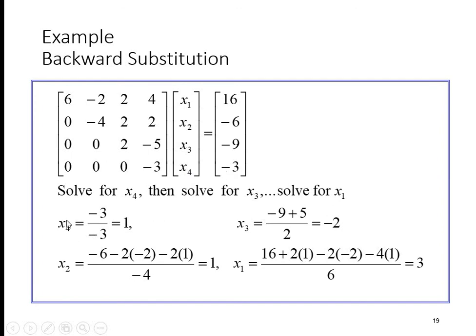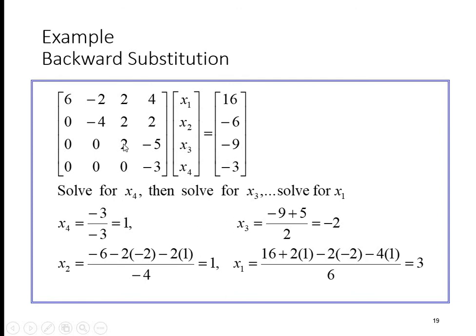So therefore x4 will be equal to 1, right? And then for this one, x1 0, x2 0, but x3 is 2x3 minus 5x4, but x4 is 1.